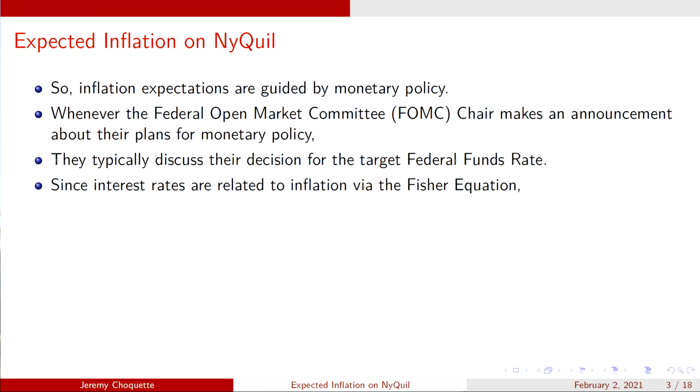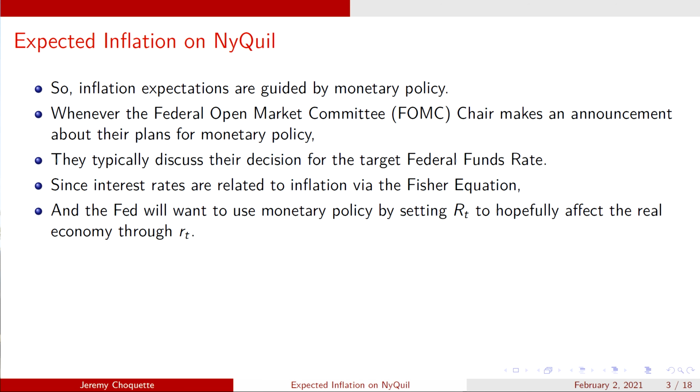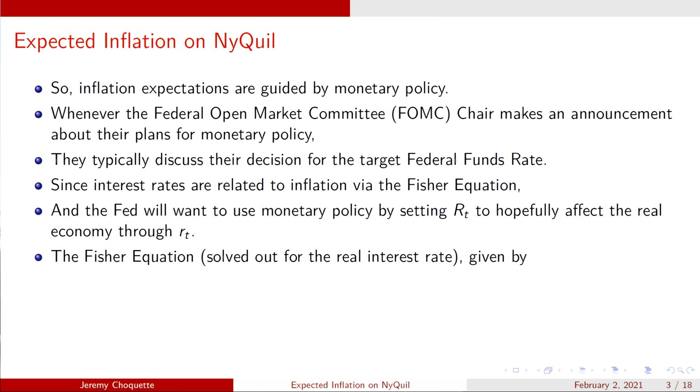And since the interest rate is related to inflation, the expected future path of interest rates can be related to expected inflation. And this is done via the Fisher equation. So if the Fed wants to use monetary policy by setting the nominal interest rate to hopefully affect the real economy through the real interest rate, the Fisher equation, solved for the real interest rate, would be given by this right here.